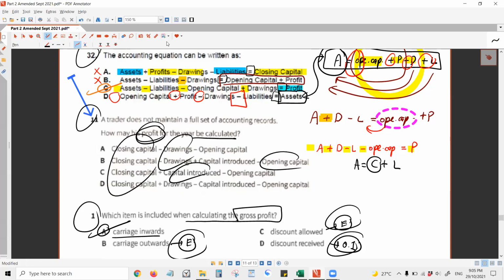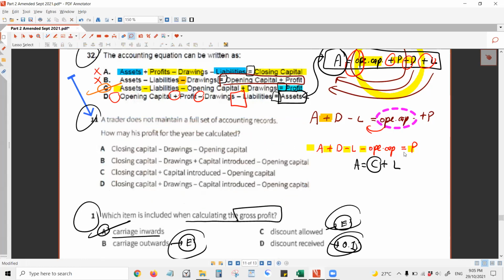Okay, so for this question, you have to have the capital section only. So in the capital section, you start with opening capital, plus profit for the year, minus drawing, plus additional capital. Additional capital means the same as capital introduced, you remember?